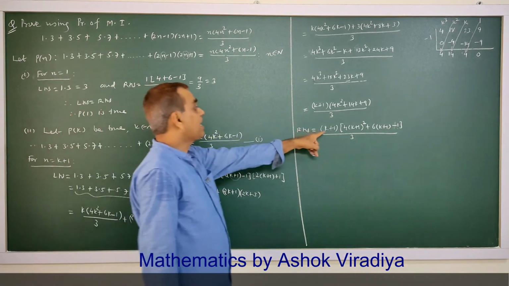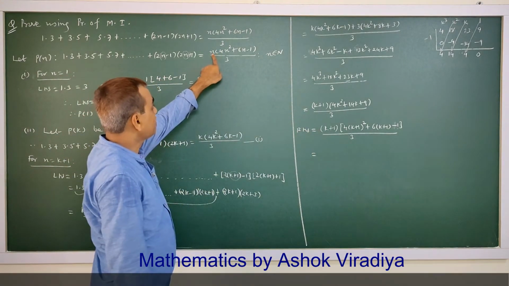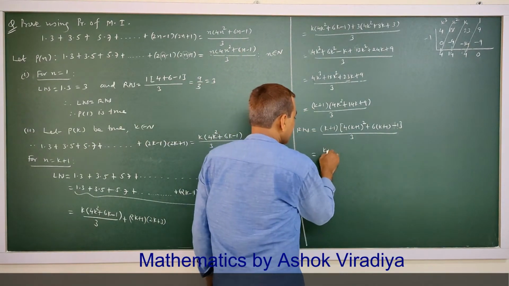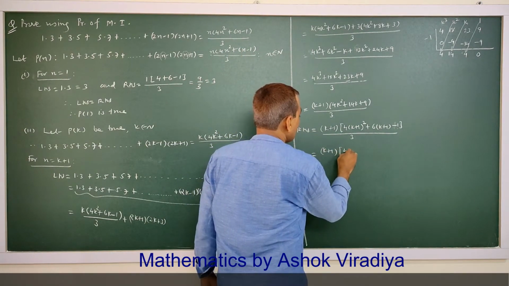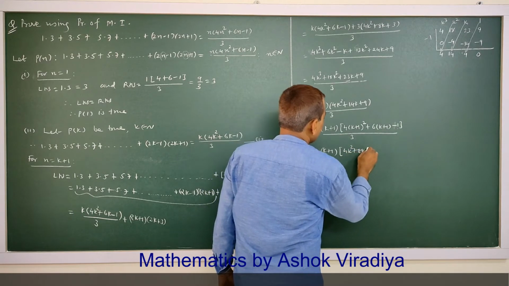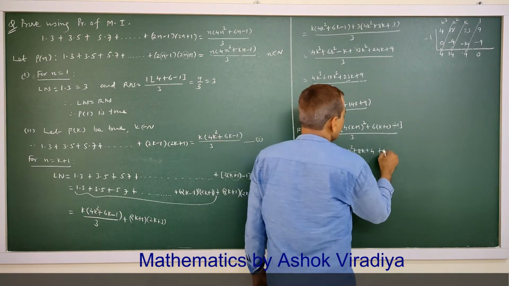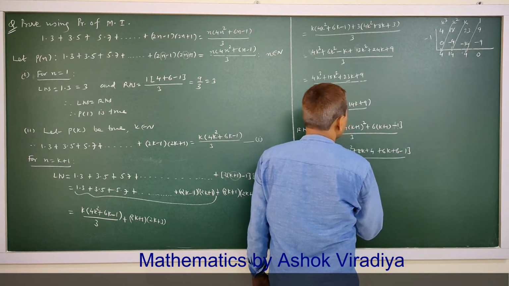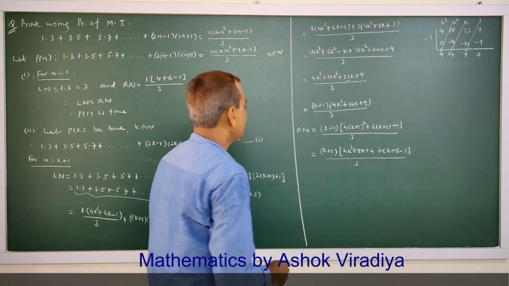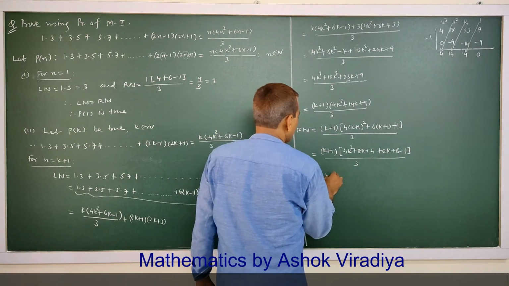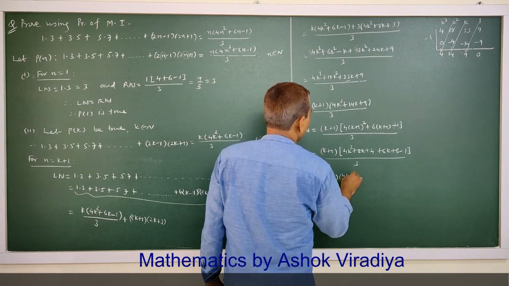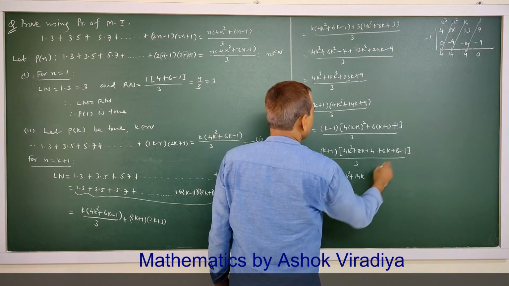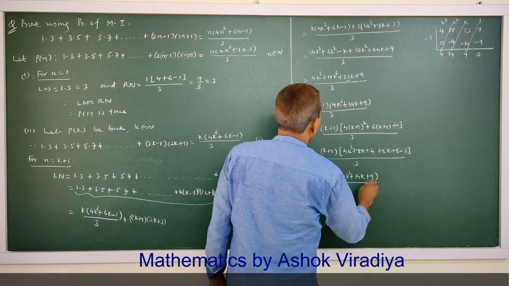So now in RHS we have taken k plus 1 here, here, and here. Now simplifying this, k plus 1 into 4k square plus 8k plus 4 plus 6k plus 6 minus 1 upon 3. That is equal to k plus 1 into 4k square plus 14k plus 6 plus 4, 10 minus 1 is 9 upon 3.